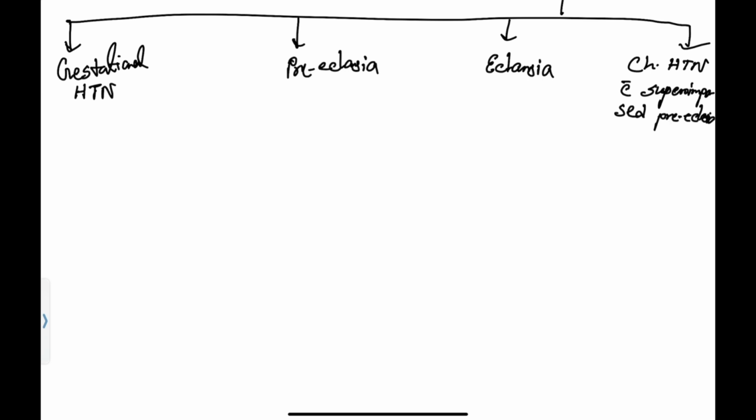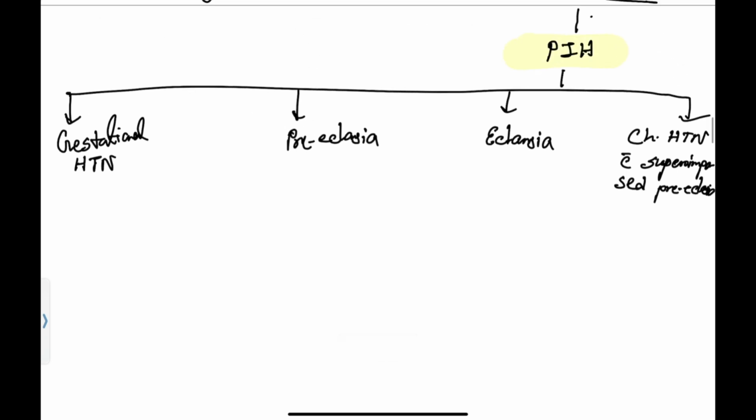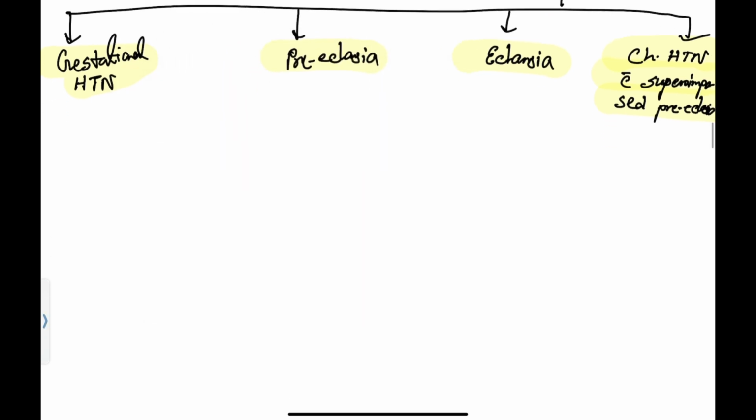Now it sounds a bit confusing, but I will clarify one by one. So hypertension in pregnancy was classified as chronic hypertension and PIH. Again, PIH is further classified as gestational hypertension, preeclampsia, eclampsia, and chronic hypertension with superimposed preeclampsia. Okay, so we will learn one by one.